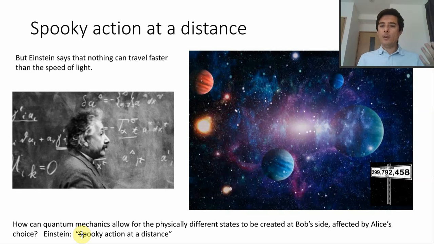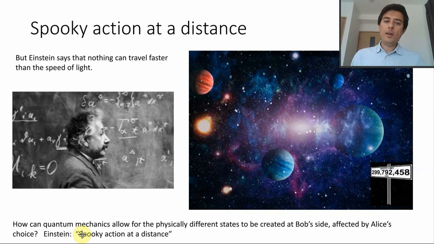Right? So gravitational waves go at the speed of light. Light travels at the speed of light. There's basically no phenomenon that can travel faster than the speed of light. But quantum mechanics does seem to have some kind of exception, some kind of influence, right?